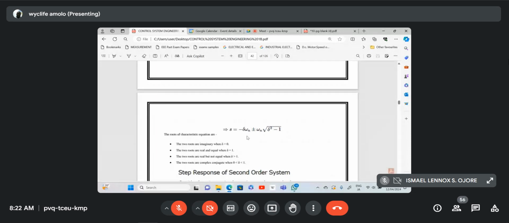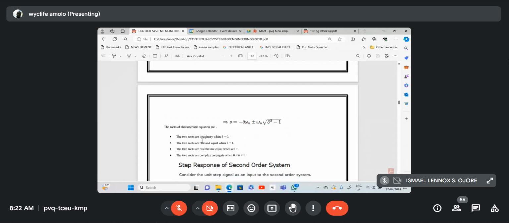You find that S is going to be equal to negative this value plus natural frequency into the square root of this z term, and that's 1 squared. So the two roots are imaginary when the damping factor is equal to 0.